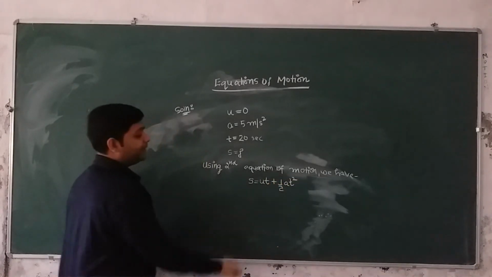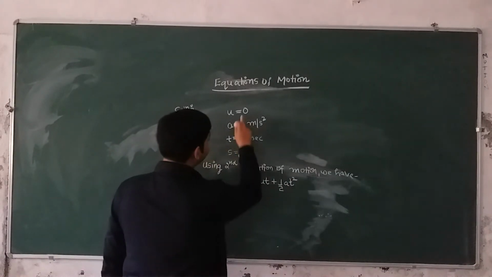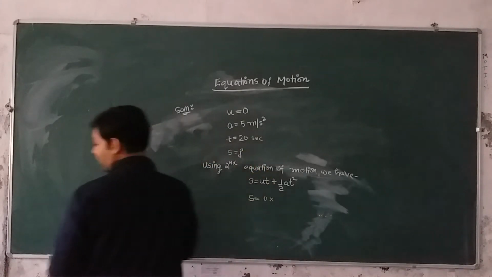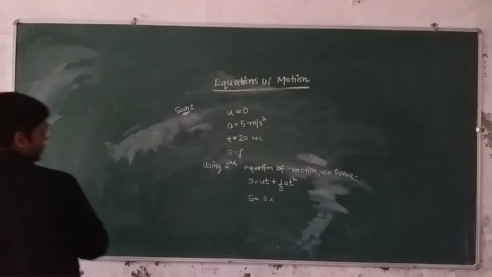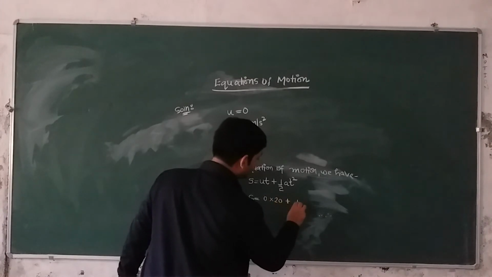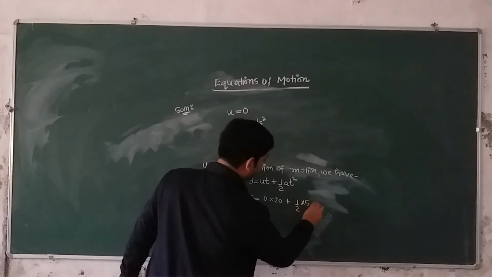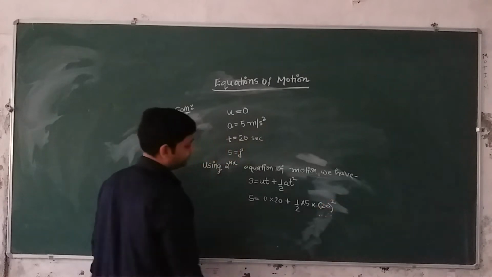Now we have to simply substitute the values and calculate the value of s. U is 0 multiplied by t, which is given as 20, plus half into a, which is given as 5, multiplied by 20 square, t square.